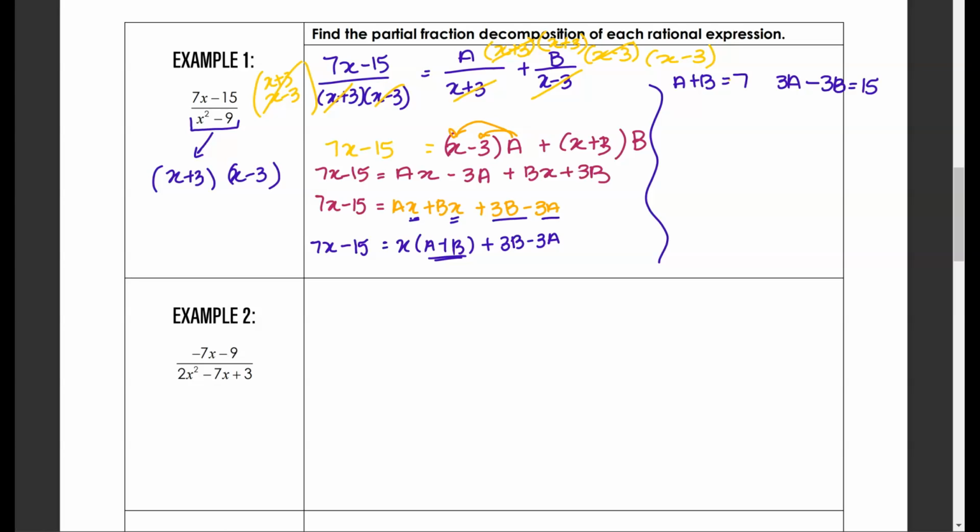So we can go ahead and substitute in. So we're going to have 3 times, so instead of writing a, I'm going to write this as 7 minus b. And then that's going to be minus 3b minus 15.